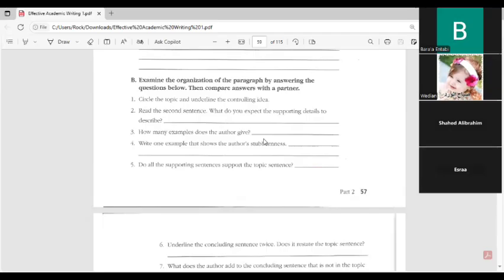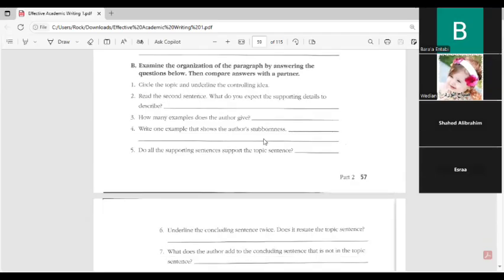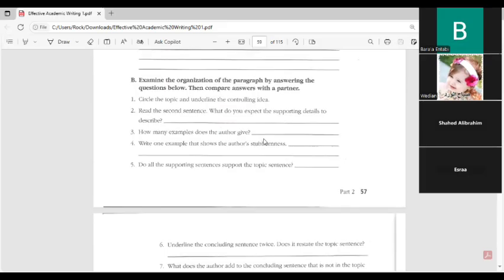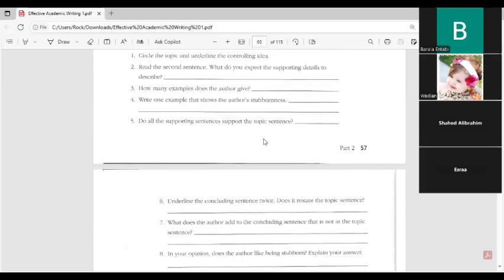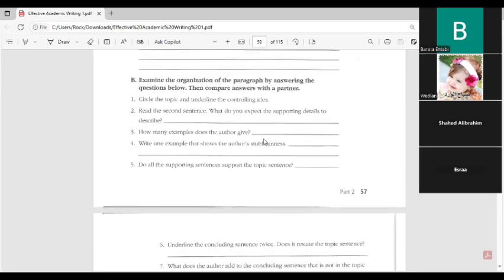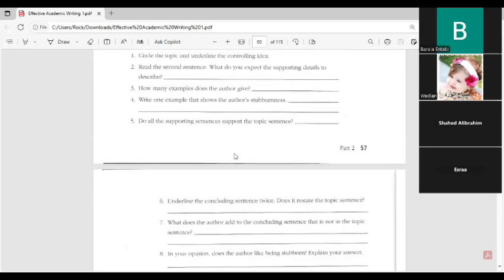Here we have some other questions. Read the second sentence. What do you expect the supporting detail to describe? How many examples does the author give? We already talked about this. Write one example that shows the author's stubbornness.